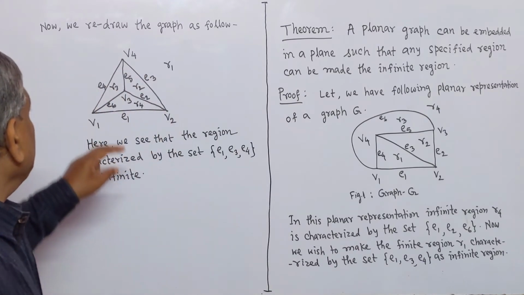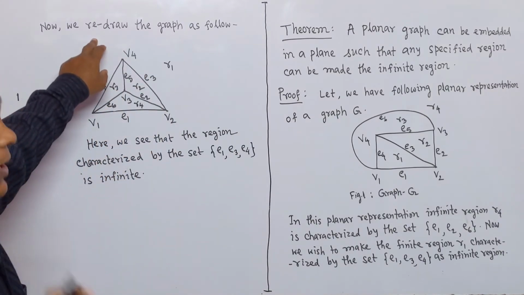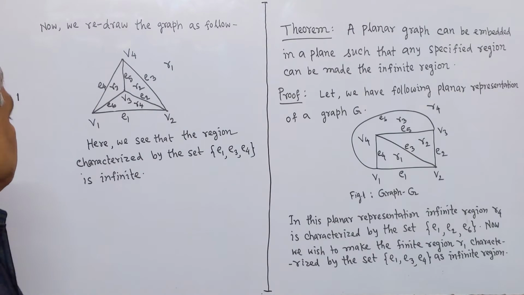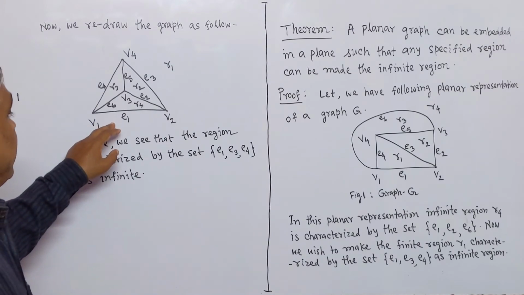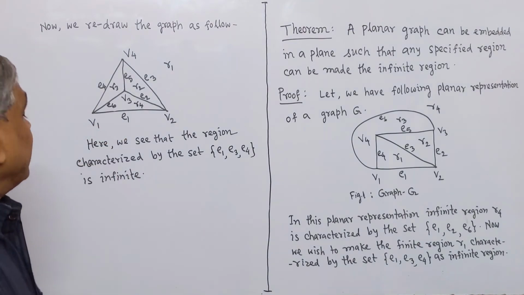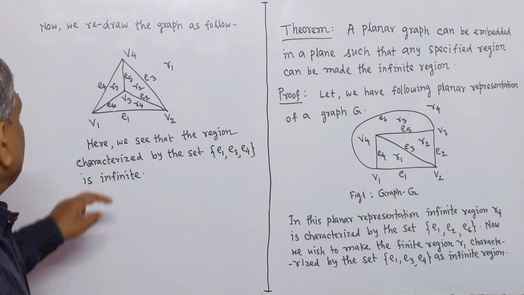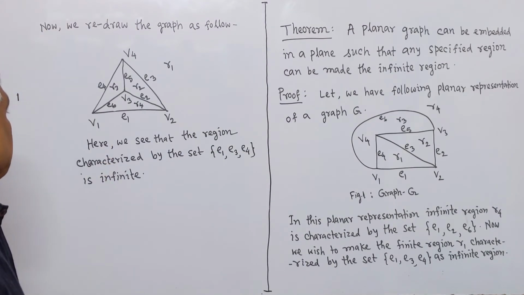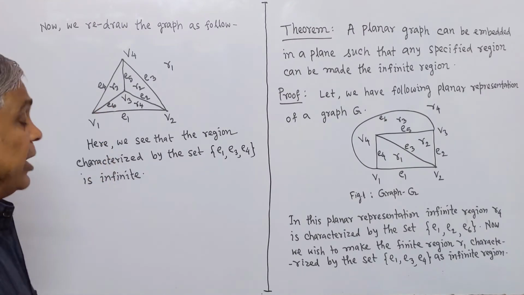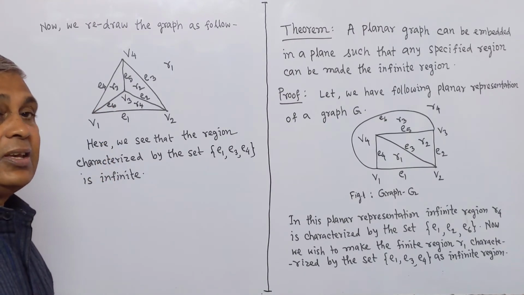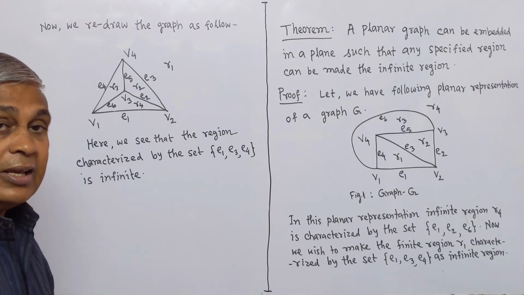So now we redraw the graph as follows. This is our new embedding. Here we see that the relative positions of vertices and edges are the same.